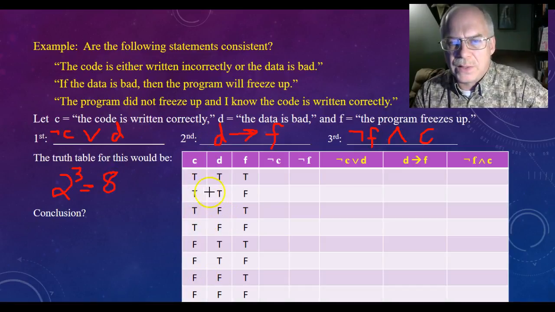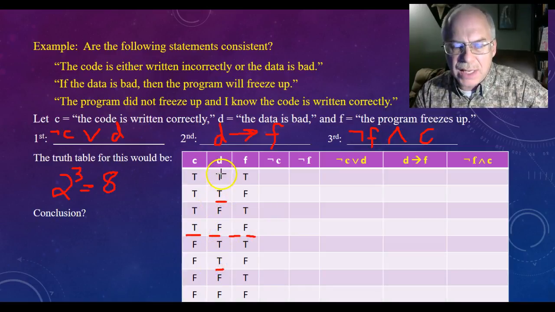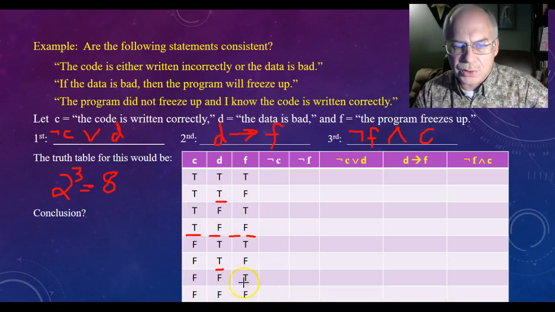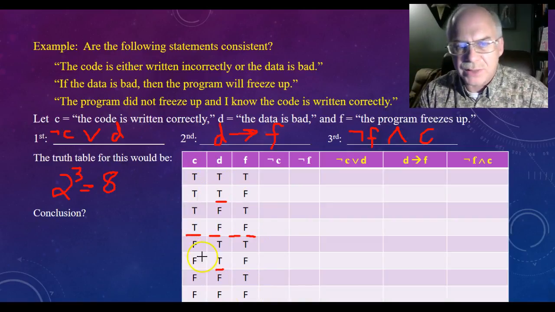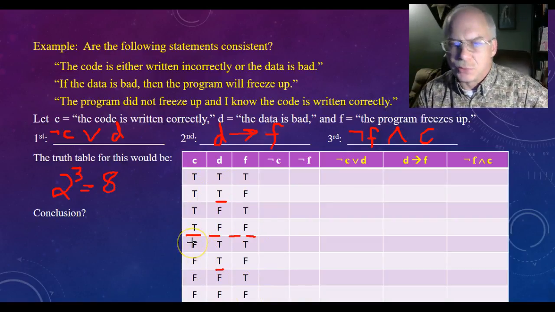Now half of those rows will be true, half of them false, and then you subdivide each half, the lower half and the upper half, and have 2 true, 2 false, 2 true, 2 false, and then you just alternate for the 3rd column. And that gets all the different possible combinations of true and false for those 3 letters.